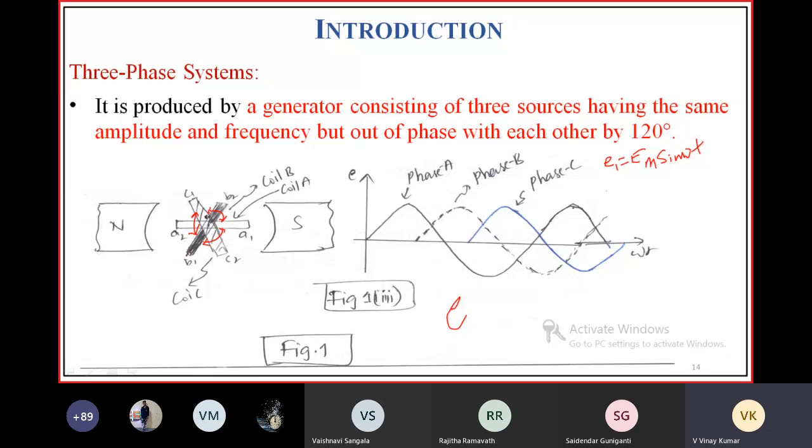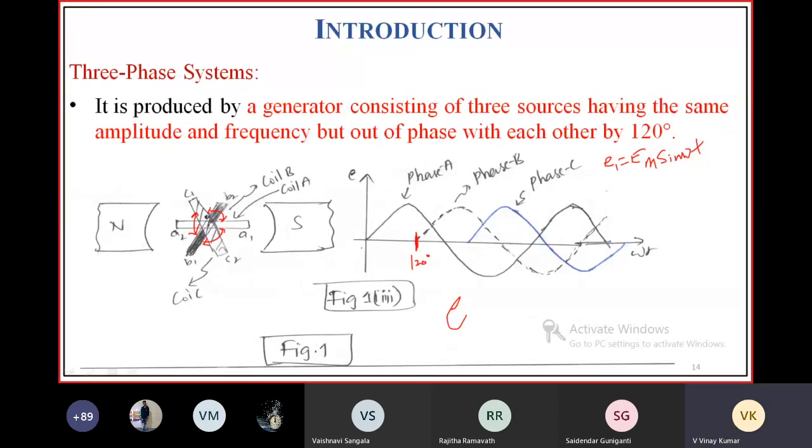Then, as there is a 120 degree physical difference between coil A and coil B, phase B will produce a voltage that lags E1 by an angle of 120 degrees. That voltage will start from here. This is 0 degrees and this is 120 degrees.